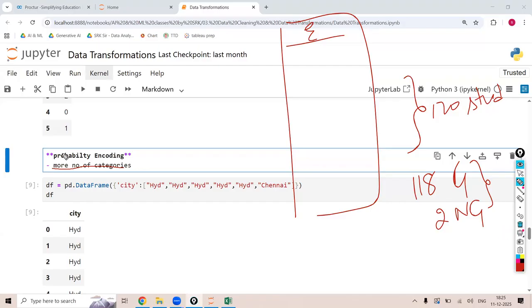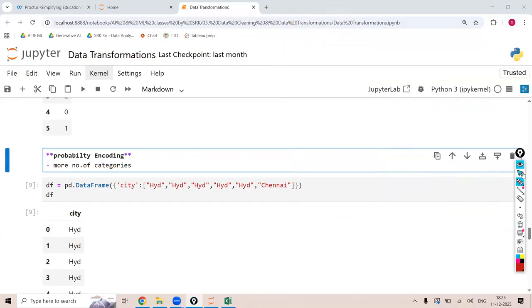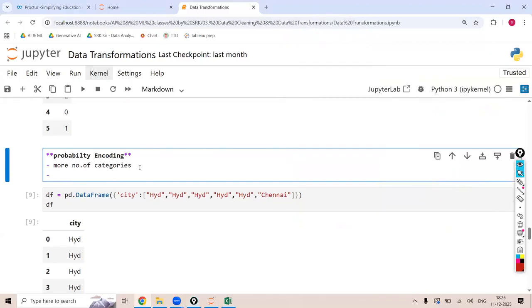So, first, when do we apply probability encoding? When we are having a large number of categories. What is the second one? When one category has more records when compared to other categories.